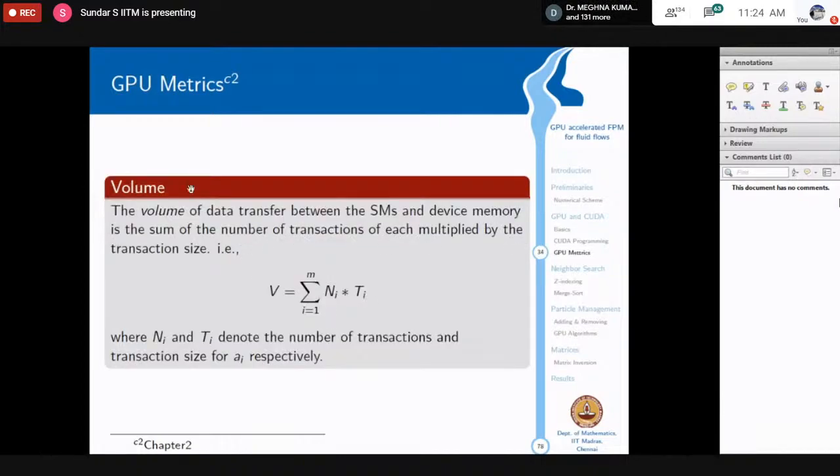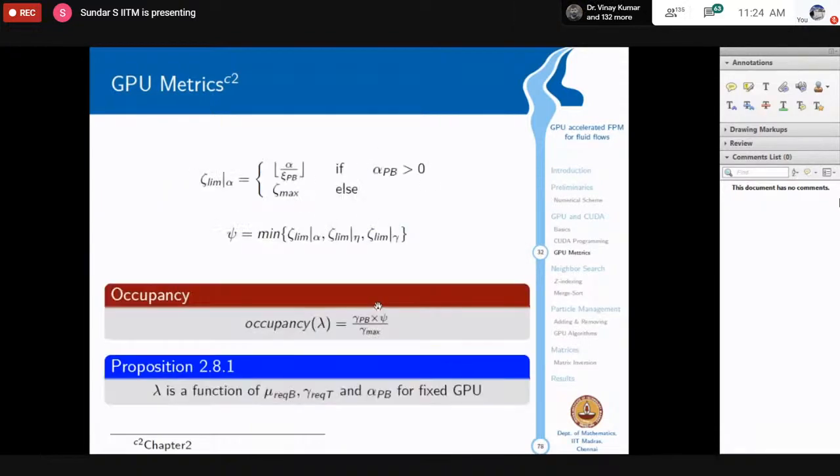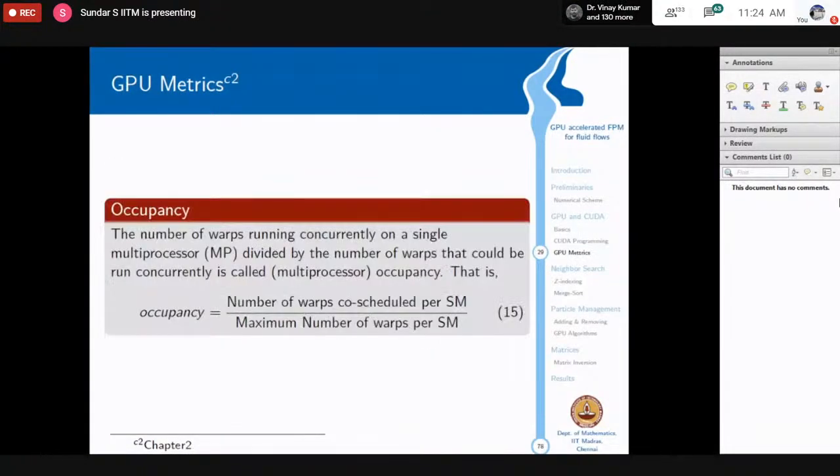Now there is another thing which is called volume. The volume of data transferred between SMs and device memory is the sum of the number of transactions of each multiplied by the transaction size. That is V equals the sum of Ni times Ti. So the earlier ones, if you look at, I defined the GPU metric for the occupancy. I focused on occupancy.